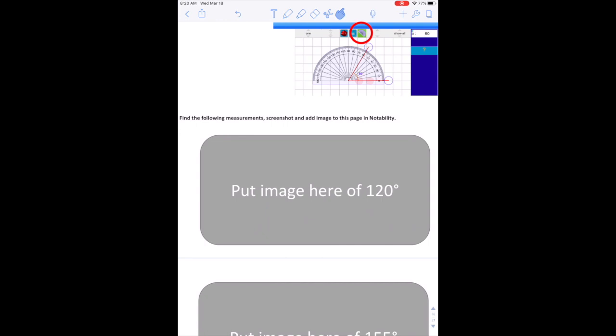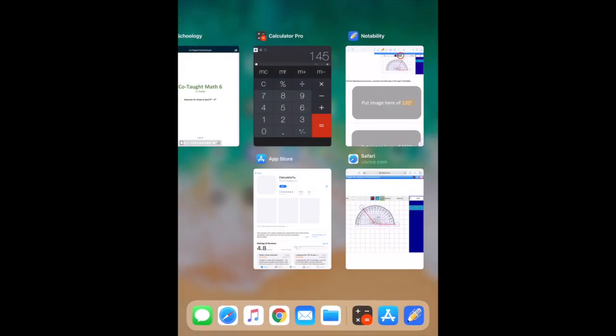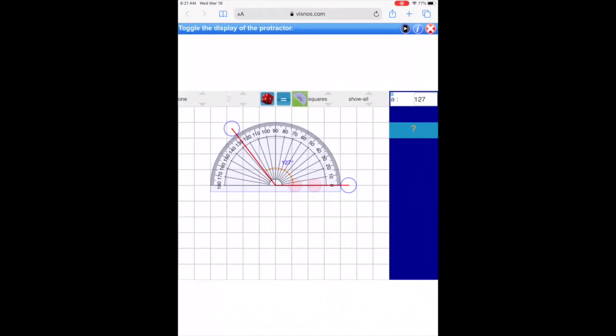And so the first one I said is for the angle measurement of 120 degrees. So I'm going to go back to my protractor and I'm going to find where's the 120 degrees. And you'll see this number in the middle keeps going up. And there, I got to 120 degrees.